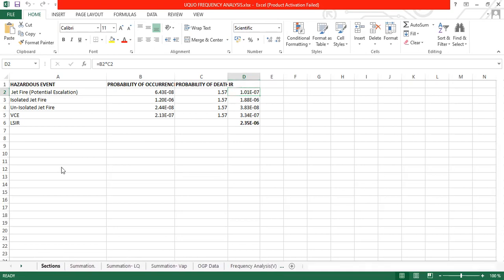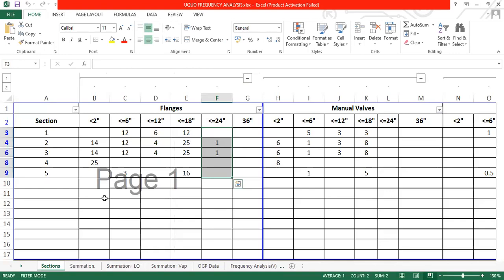So first of all, we broke. The other thing I was going to say is that when you're doing your frequency analysis, and even for your consequence analysis, you want to break your system into smaller nodes, more or less like what you do in the hazard analysis. So you also want to have isolatable sections.